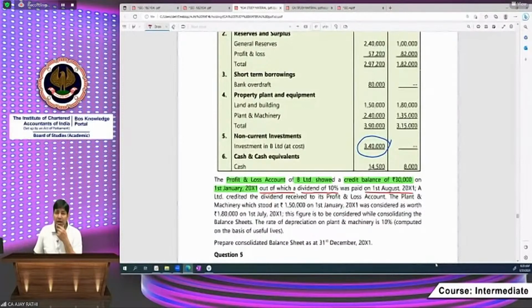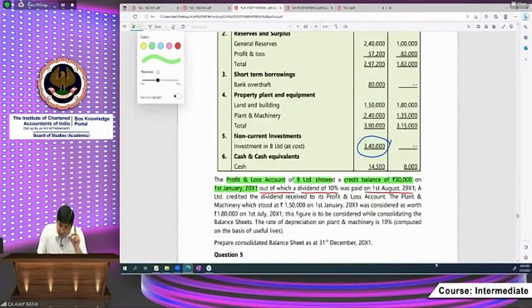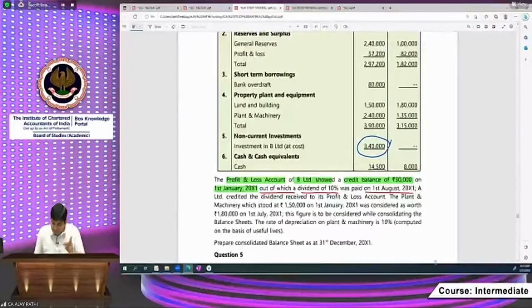Now we have to think whether such dividend belongs to pre-acquisition. Beta, we don't need to check that. Why, sir? Because the question is clearly using the same wording which we have learned in the first group investment chapter. Out of the pre-acquisition profit, if we are distributing the dividend, and that dividend belongs to revenue nature, still that can be called pre-acquisition if it is distributed out of pre-acquisition profit.